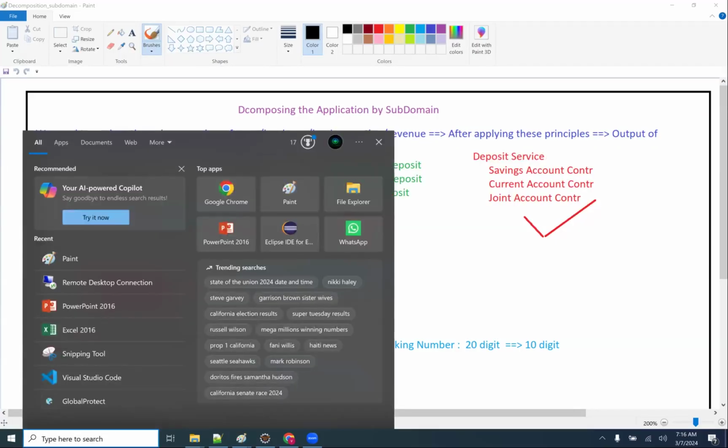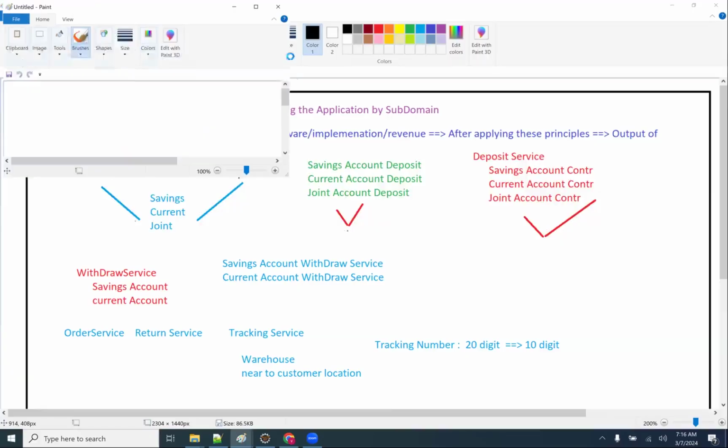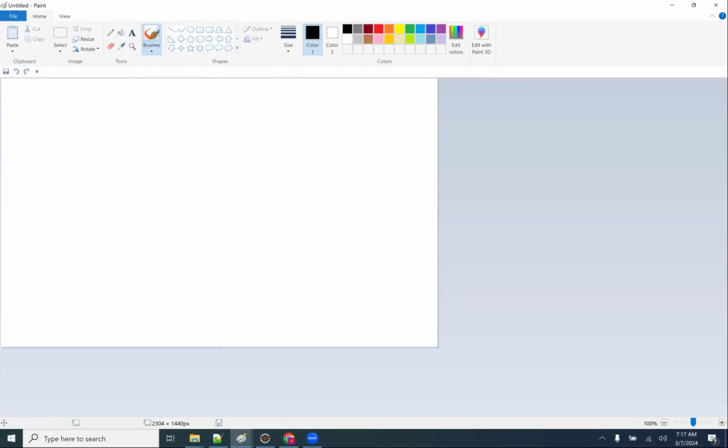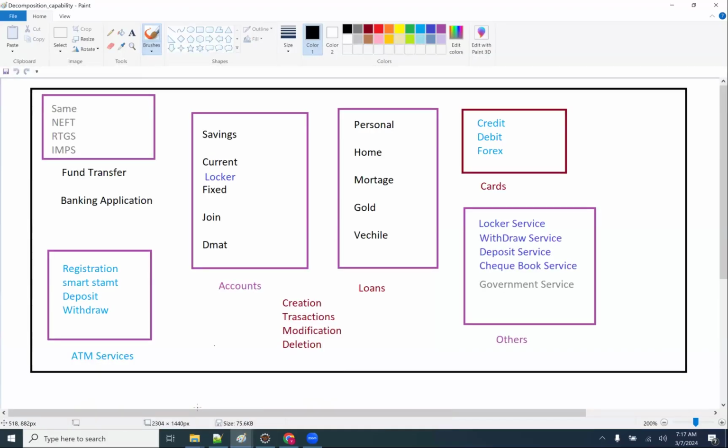Right, now I'm talking about single point of failure. This is what I'm talking about here, single point of failure. So what is the meaning of single point of failure? Sir, I have a business. Assuming that there is a banking business, I'm having a banking business, and I'm introducing a new offer on home loan.